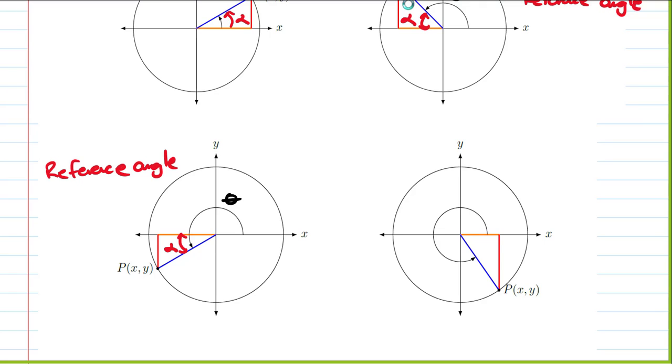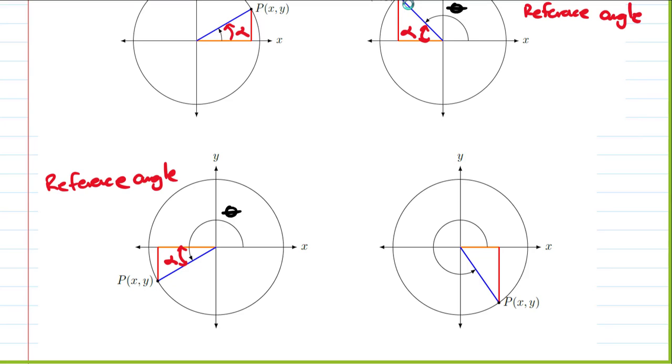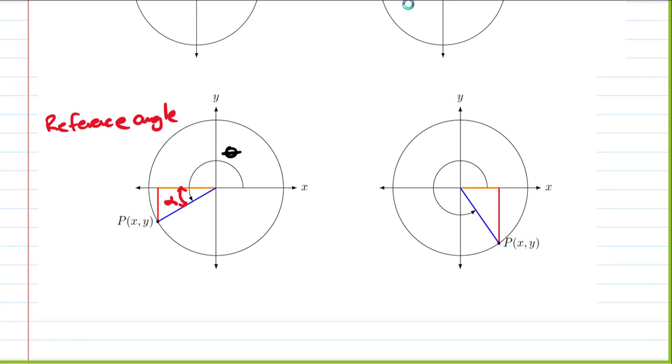Well, it would be theta take away 180, or theta take away pi. In our last quadrant here, theta is all the way around, and our reference angle goes from the x-axis to the hypotenuse, and that's here. So our reference angle here would be what?